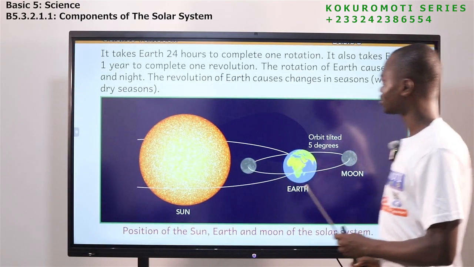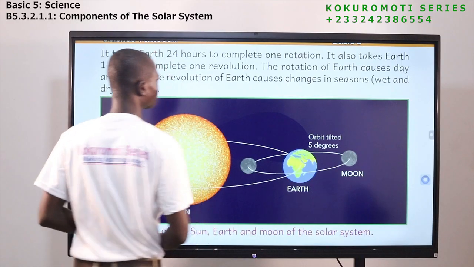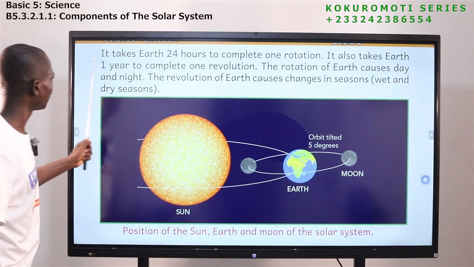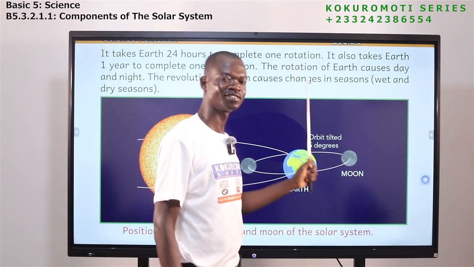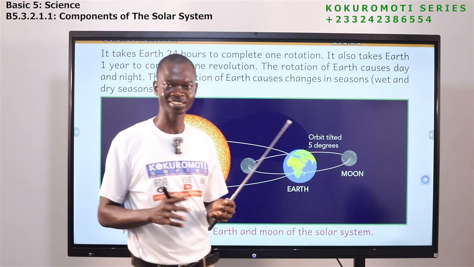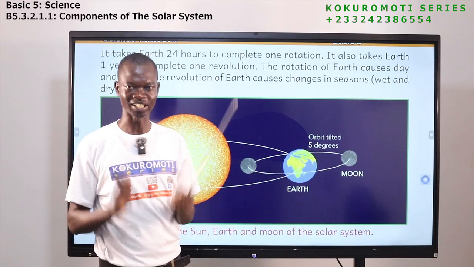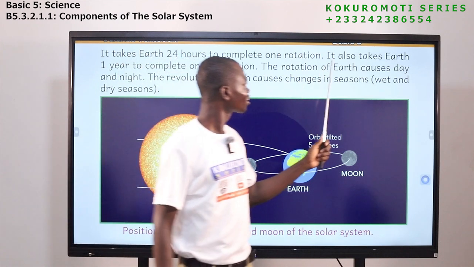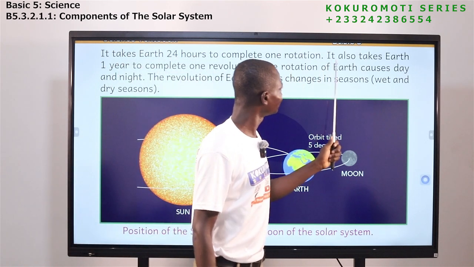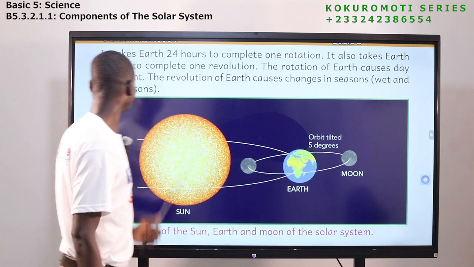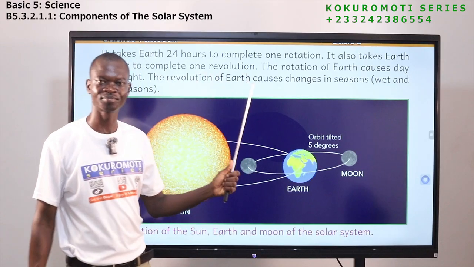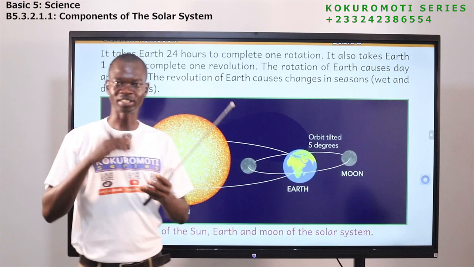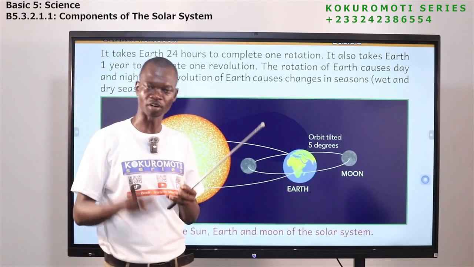Now let's come to this side. We shall look at the diagram here. It takes the Earth 24 hours to complete one rotation. 24 hours to finish one rotation. Here too, it takes the Earth 1 year to complete one revolution. So the Earth rotates at the same time it revolves.